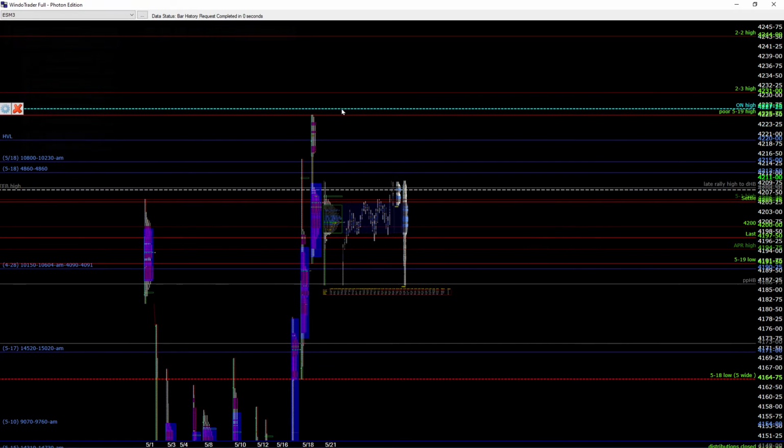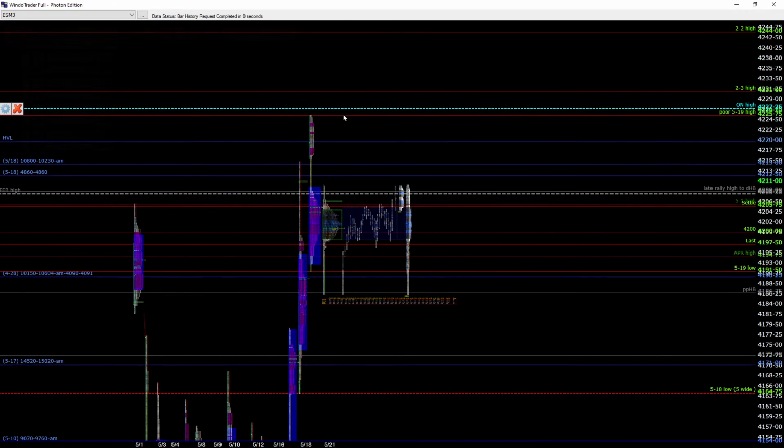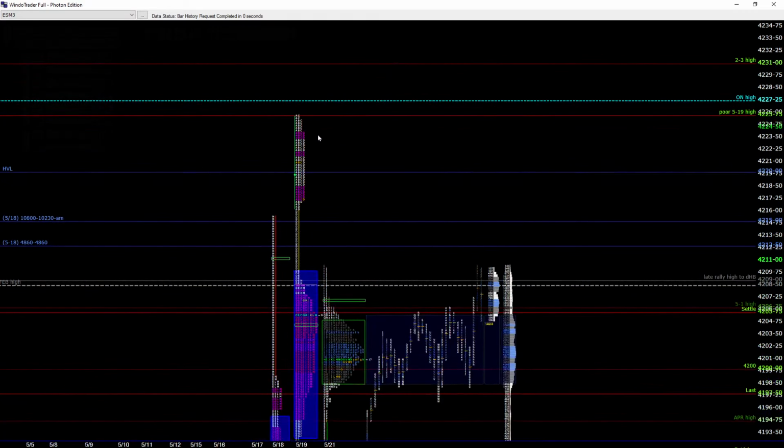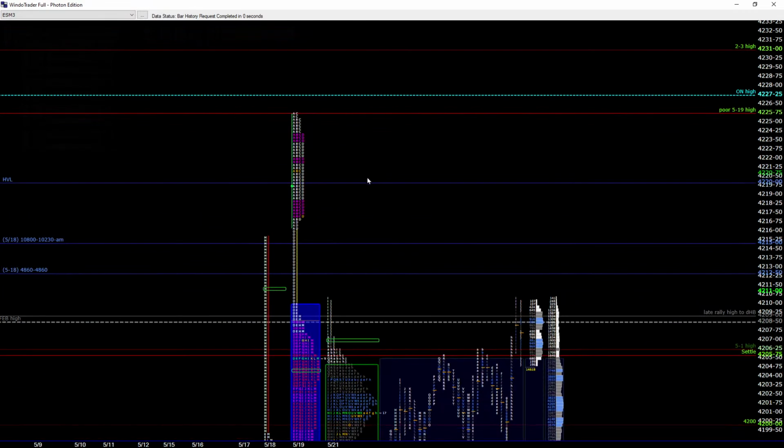It gave us a high that was made in the overnight. These are the most important. There was a more important thing, maybe for the future. I don't know if the market is going to come back to check these ones out, especially since it doesn't have excess here.